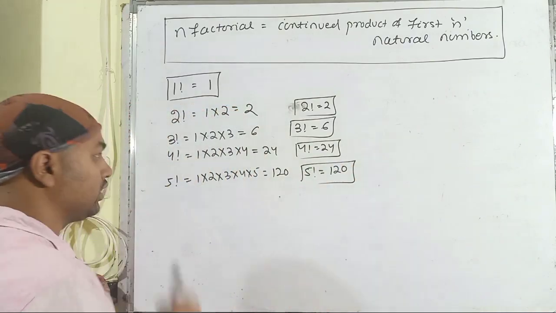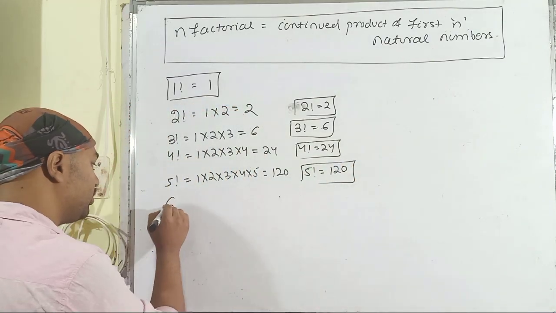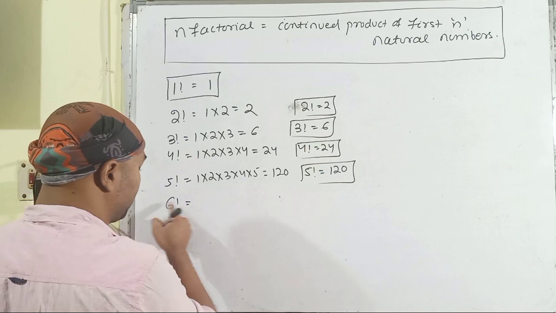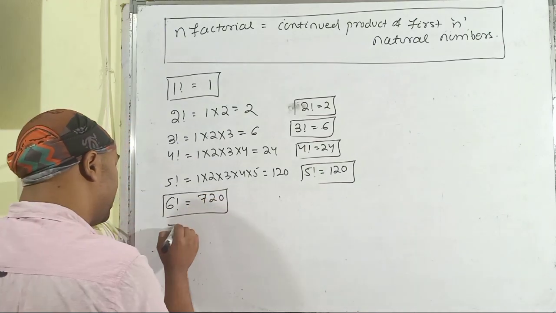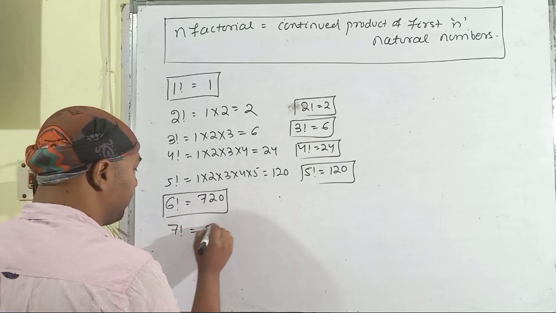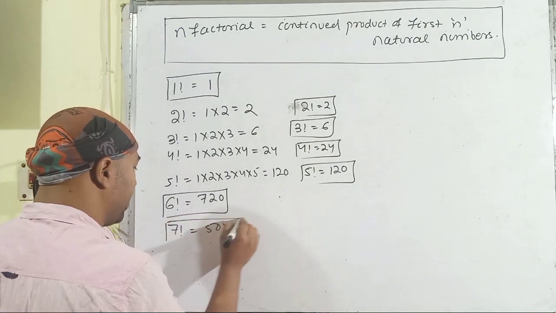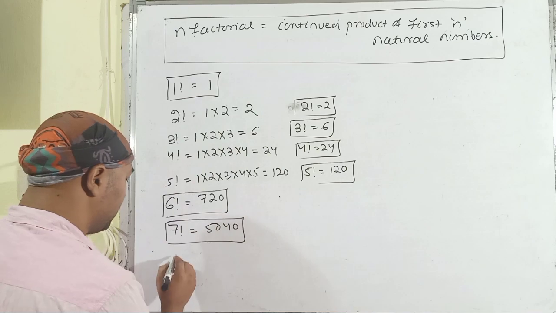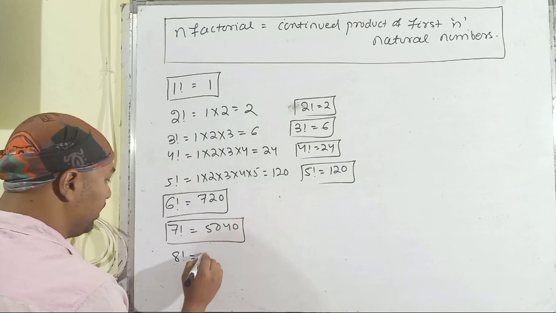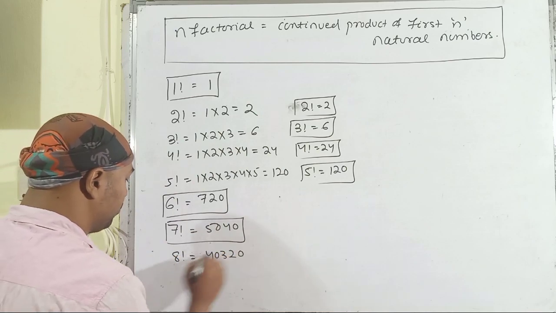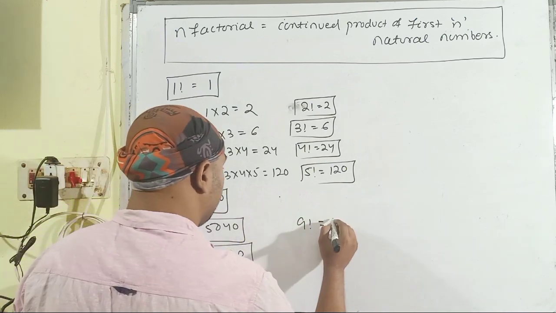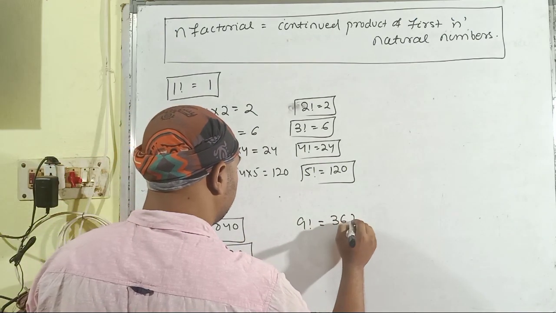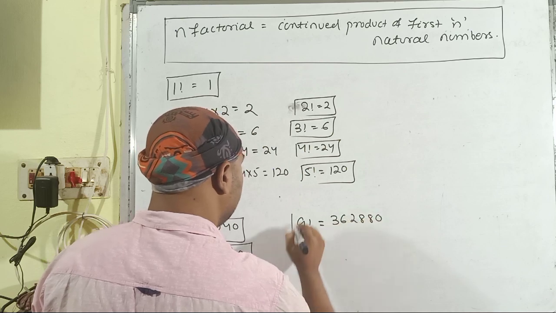Similarly, in this process, we can also derive 6 factorial. That means factorial of 6, it is 720. Factorial of 7, it is 5040. You have to derive it by this process. 8 factorial, it is 40320. Then 9 factorial, it is 362880.